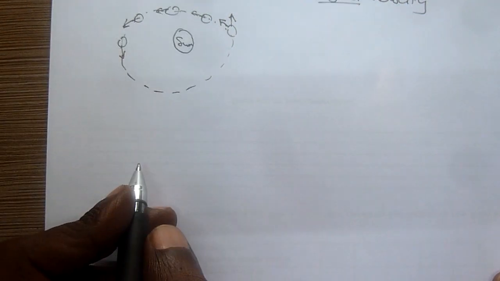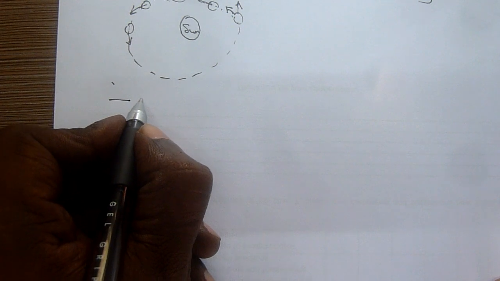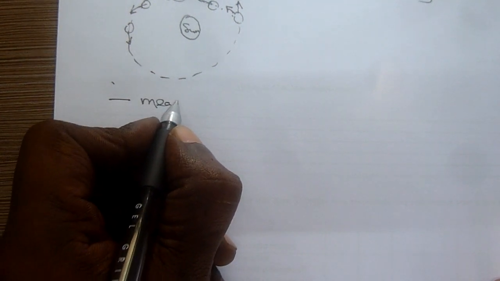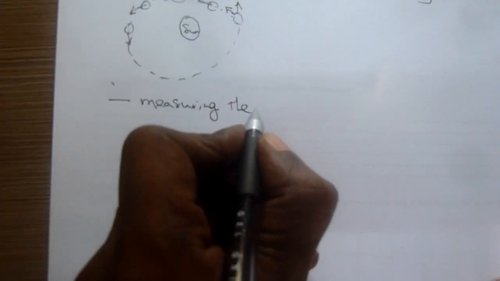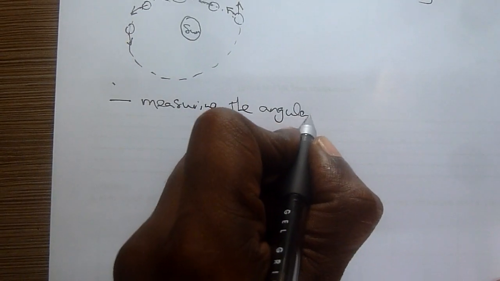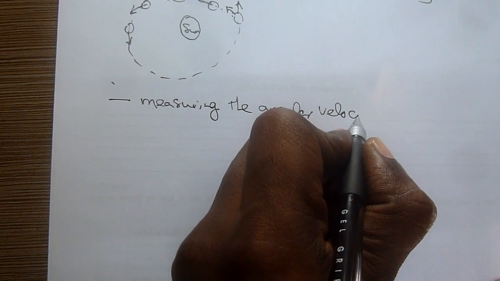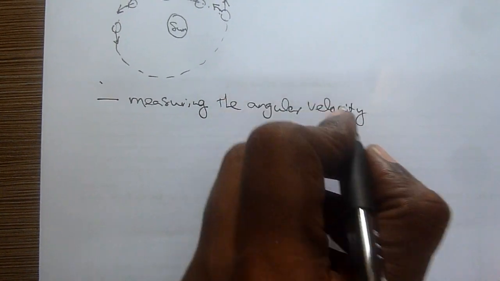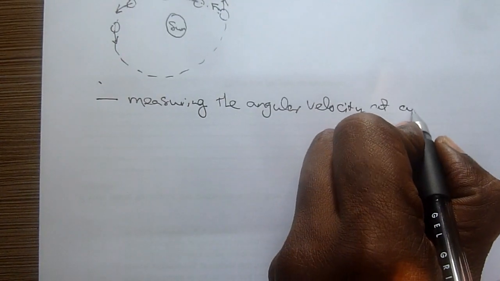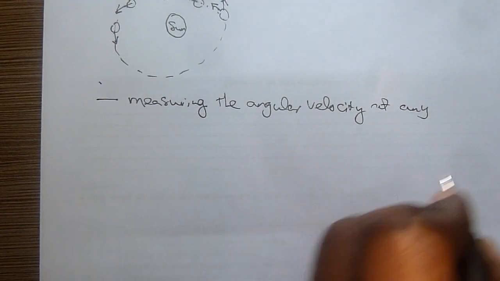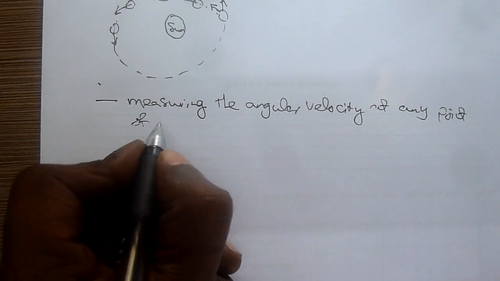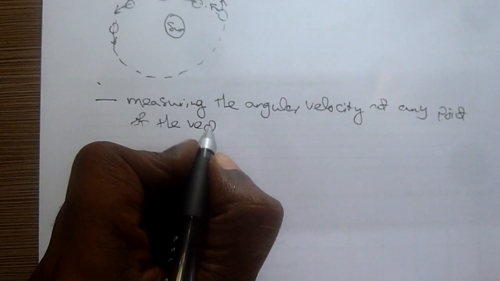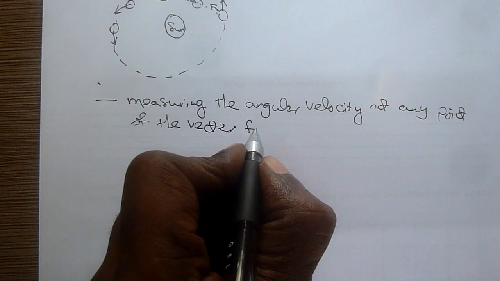Now in this particular case, curl will be used for measuring the angular velocity at any point of the vector field.